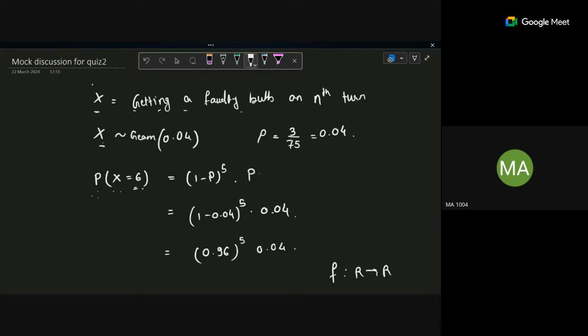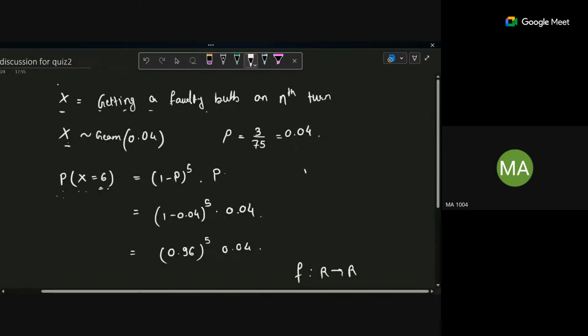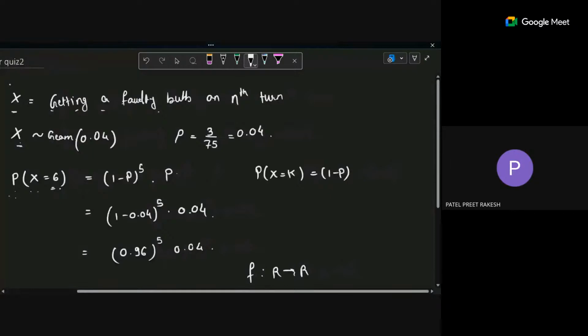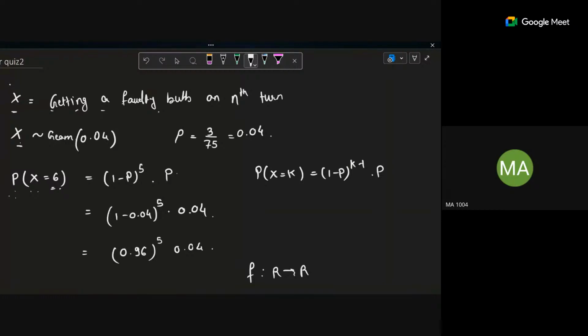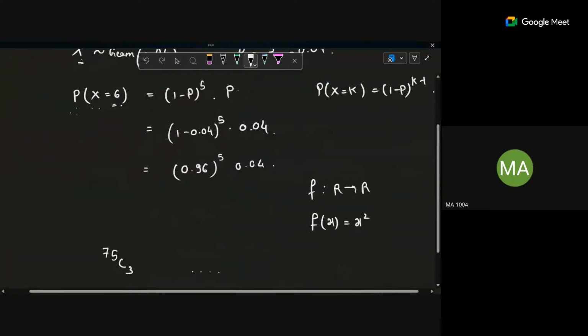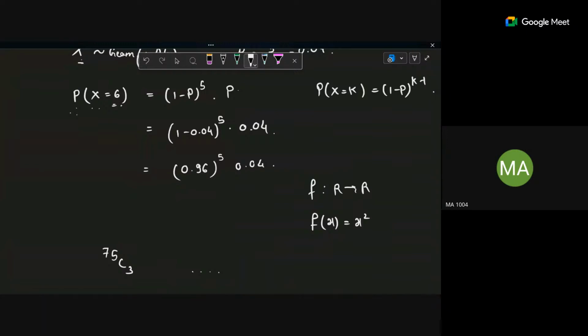So we just placed all these values and calculated it.